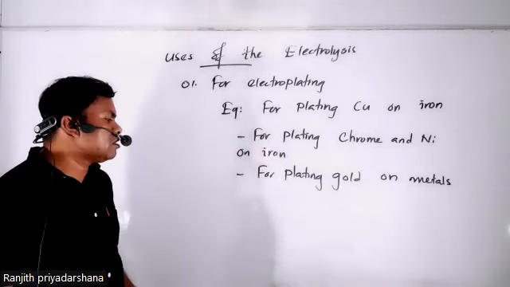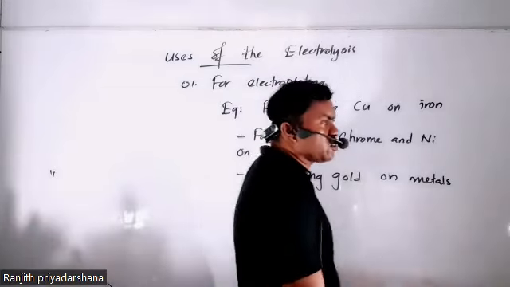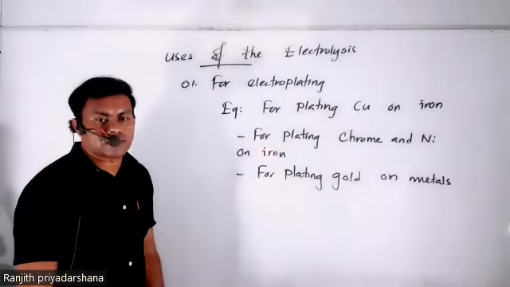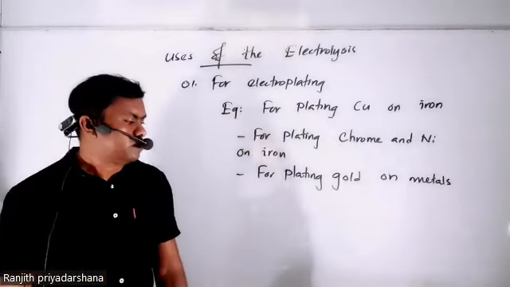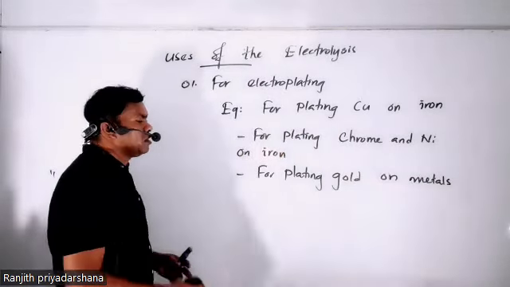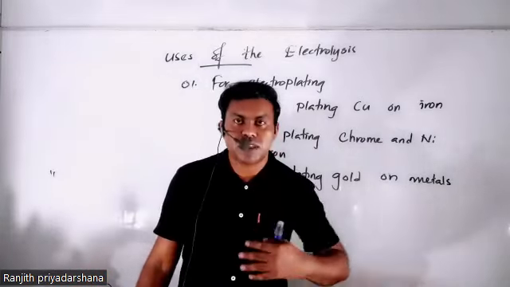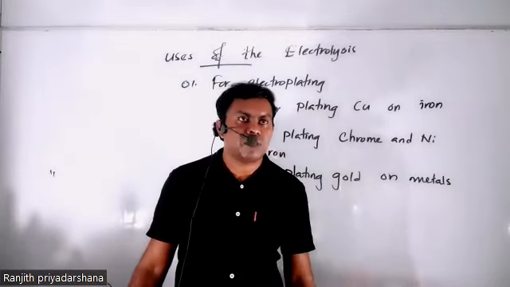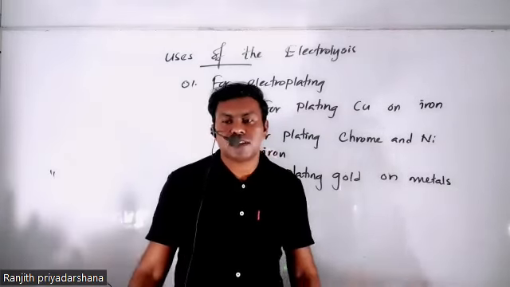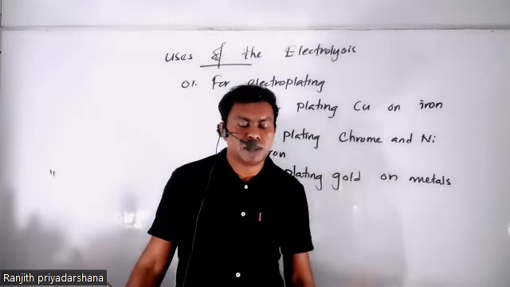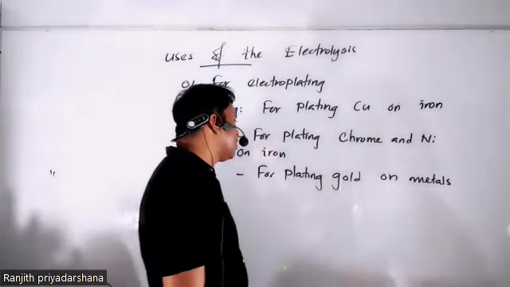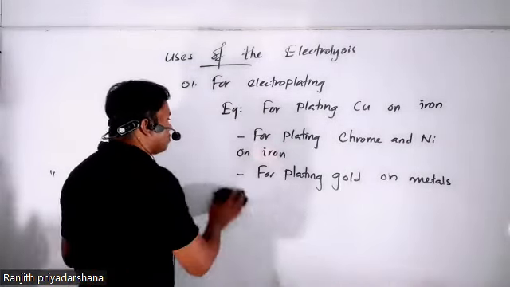Right. Next one is for the industrial manufacturing of caustic soda. When aqueous sodium chloride is used, sodium hydroxide is produced; if you use fused sodium chloride, sodium is extracted.